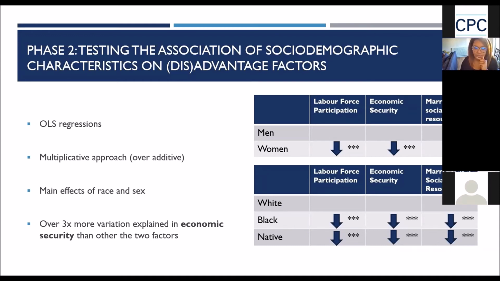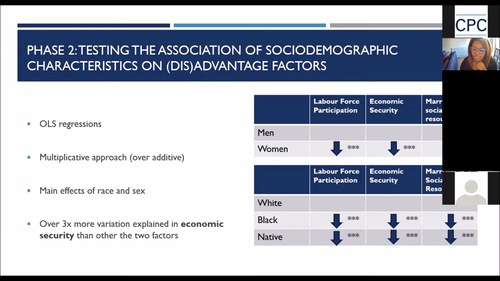So I'll start first with the main effects. My analysis found that women have on average less advantage than men in every factor. For the main effects for racial minorities, the analysis shows that only Black minorities and natives are less advantaged in every factor compared to the reference category, white.